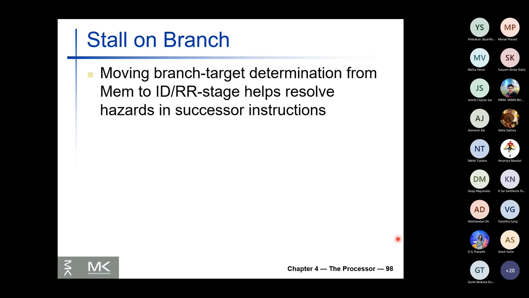So solving one problem gives rise to another problem. When you move the hardware to an earlier stage, it is good for the successor instructions, but it may not be so good for the predecessor instructions, or for the branch itself, because the branch may now have to wait because the content of R1, R2, the registers which you want to compare, may not yet have been updated.